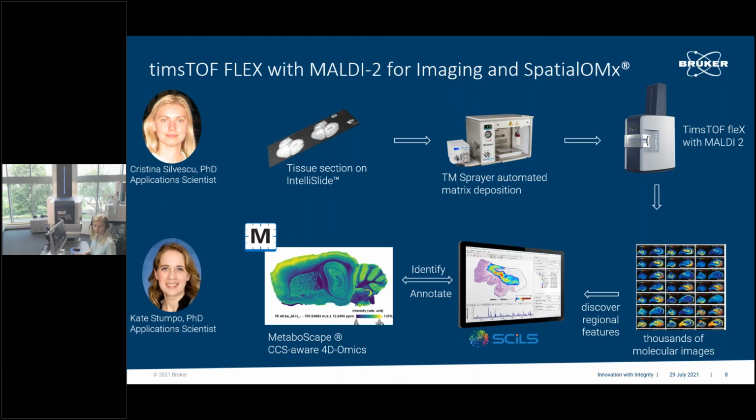To perform a mass spectrometry imaging experiment, we first start with sample preparation, and you see here on the slide the entire imaging workflow. We start with tissue that we want to interrogate with mass spectrometry imaging. We cut thin sections through the tissue, and then we mount them on a glass slide.